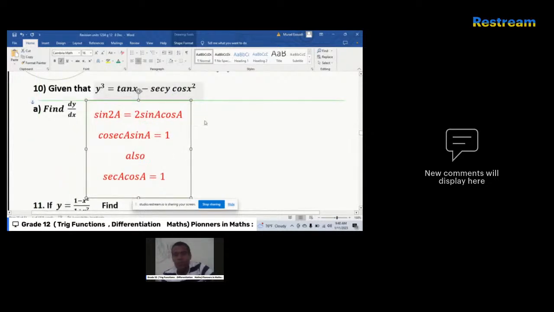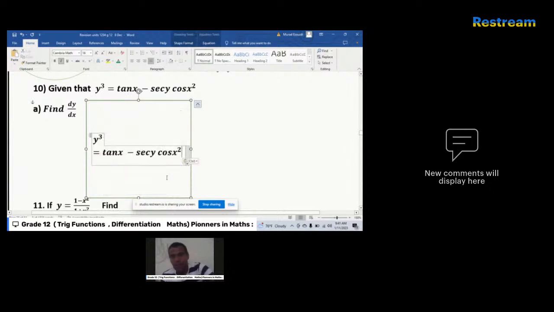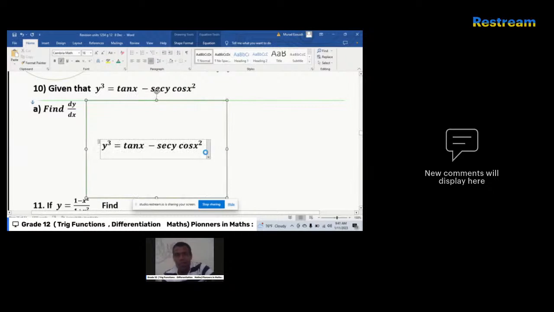So we have my equation: y to the power 3 equals tangent x. This is the function y. I will give you time to think about the question.